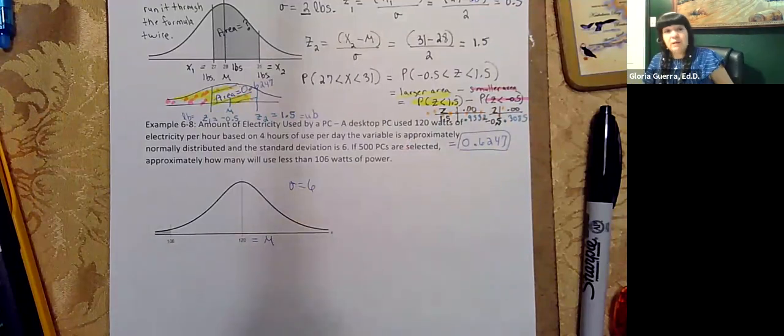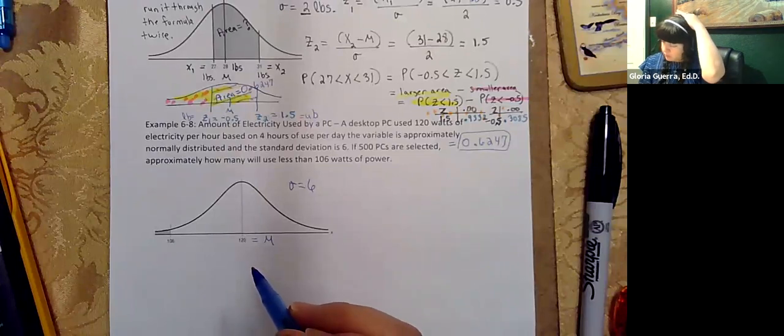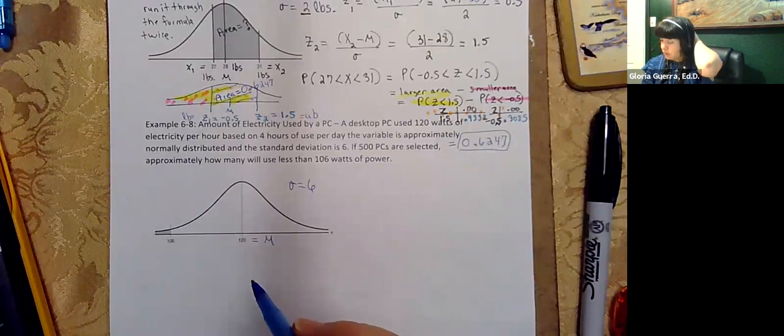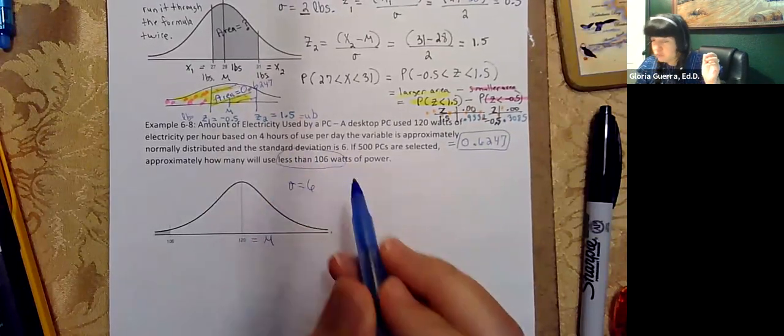And even though this one didn't have the keyword, like we're used to seeing average or mean, think about it, they're averaging 4 hours of use per day. So that's kind of related there. That's your mean. And then standard deviation was 6. And then if 500 PCs are selected, approximately how many will use, there's your keyword, less than 106 watts.